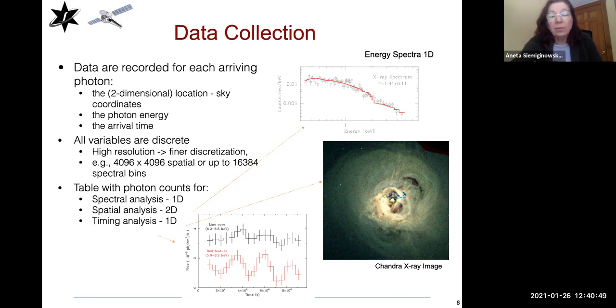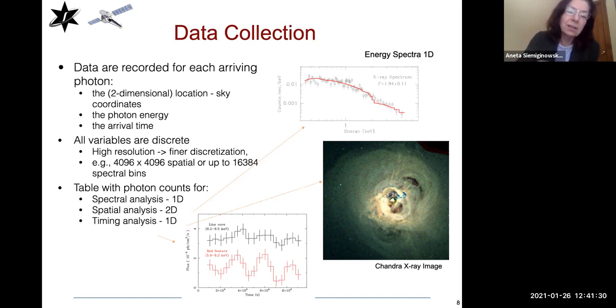So all variables are discrete, and we have high resolution, which means we have very fine discretization of the images. When we generate the image, it will have a number of pixels on which we locate the photons. The data is stored as tables of photon counts, the event files which collect all the photons, and from them we can make all the spectra, images, and light curves.